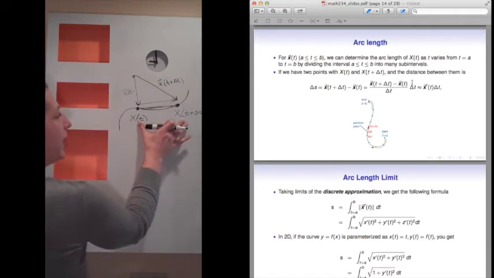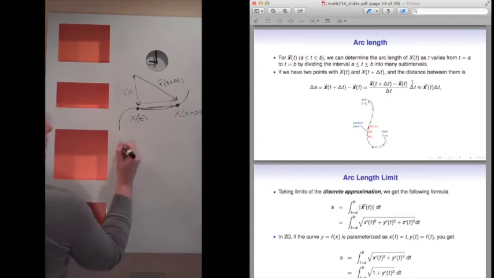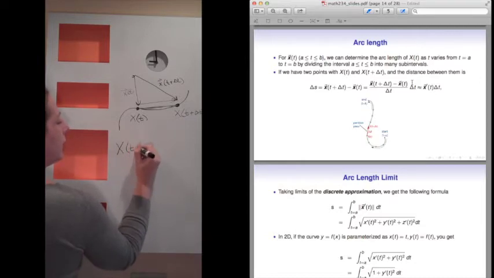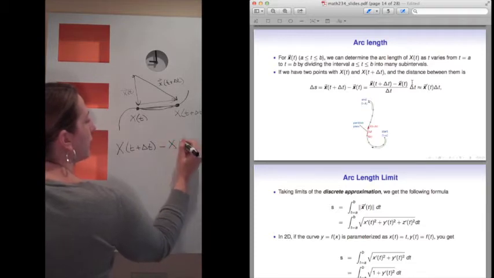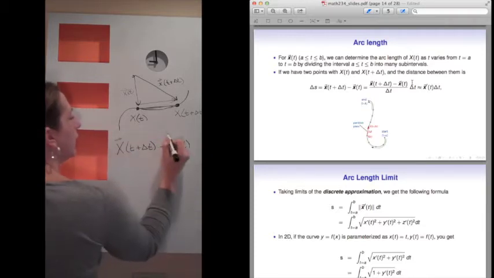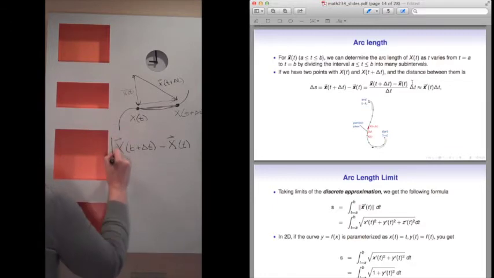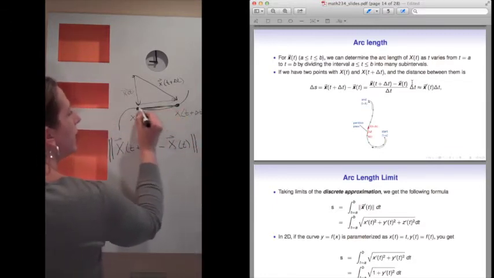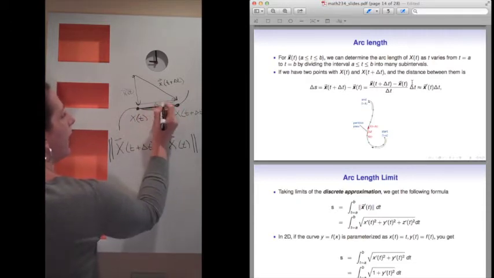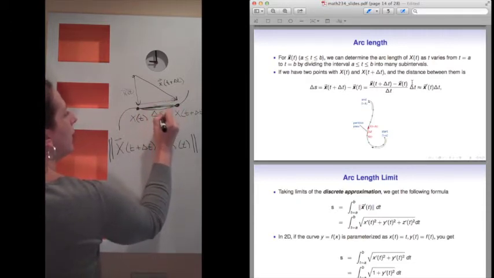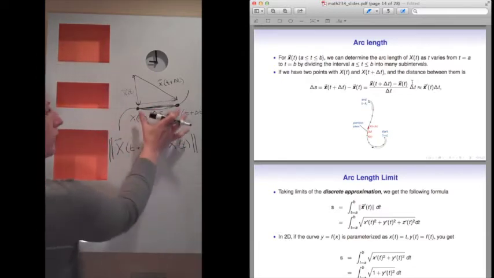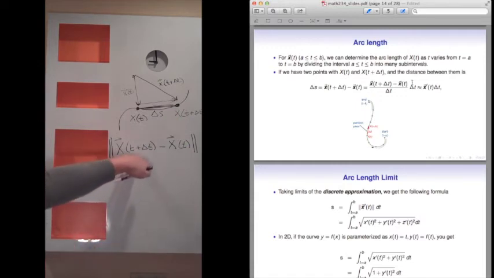If I calculate this directly, so I have the length of x of t plus delta t minus x of t, right? And then I have this distance, in other words, the length of this straight line, so I'll call this delta s. So delta s is going to be the contribution to the total arc length that comes from this small segment, okay?